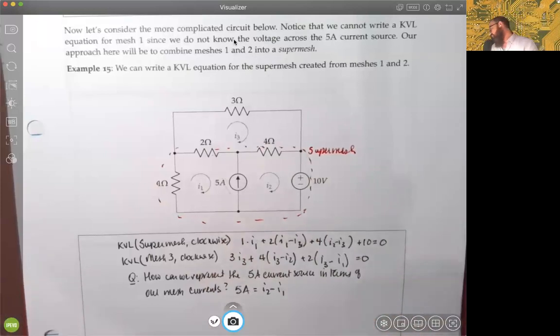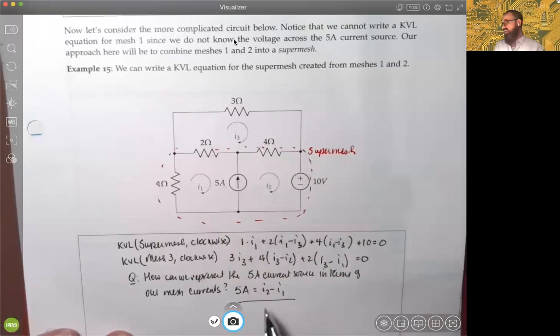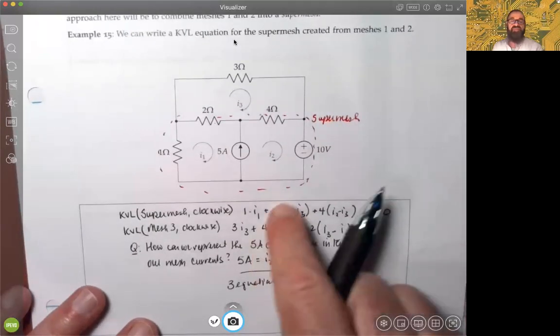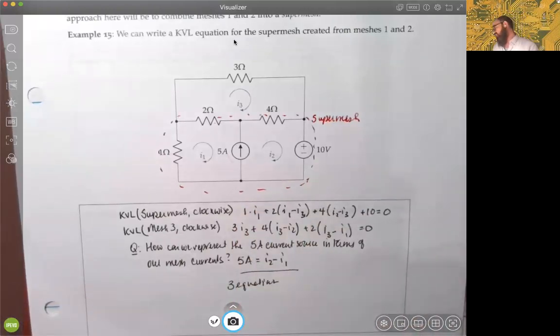All right. So we are exploiting that current source saddled between our mesh currents. I'm giving you good examples of scenarios that can happen. When this situation happens, this is the best thing to do, because now you have 3 equations to work with. Granted, this last equation is very simple, but that is enough to set up a linear system, a matrix equation, to solve for I1, I2, and I3, okay?